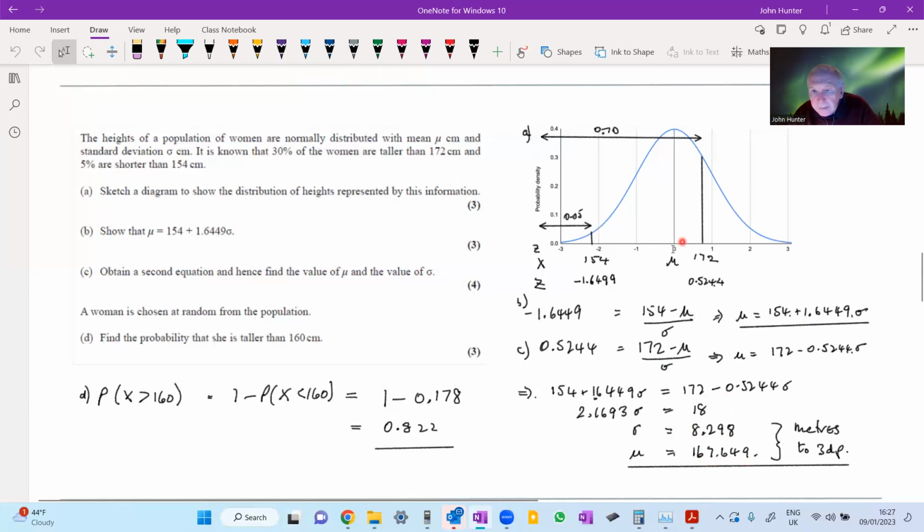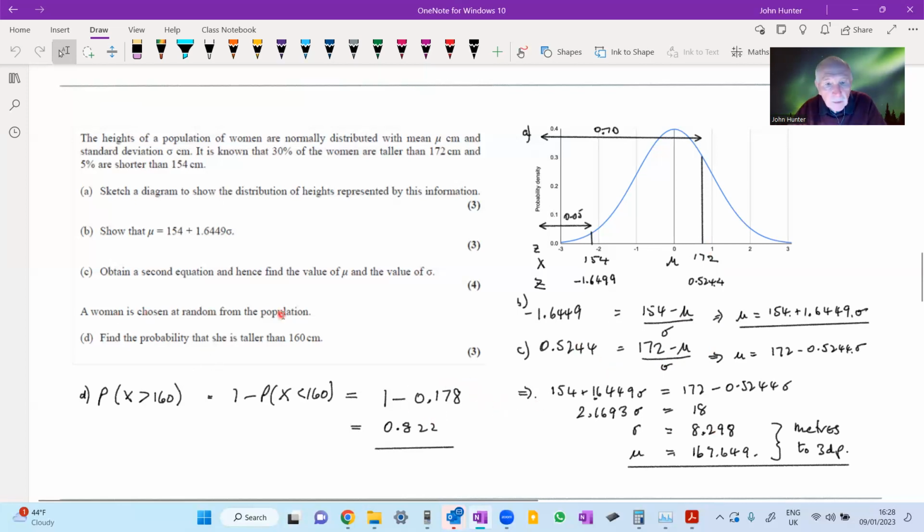If we look at it, it kind of makes sense, doesn't it? It looks about right. 167, so that distance would be about 5, and the standard deviation is 8.2. So it all seems to fit together.